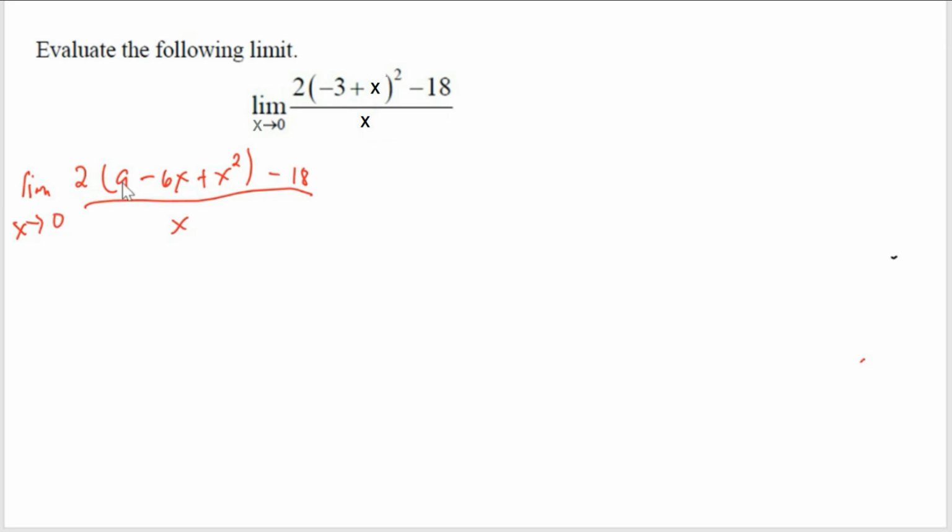Now simplifying this, we can write here the limit of 2 times 9 is 18, 2 times negative 6x is negative 12x, 2 times x squared is positive 2x squared, then the next term is negative 18, all over x as x approaches 0. Now by simplifying, combining like terms, 18 and negative 18 are additive inverses.